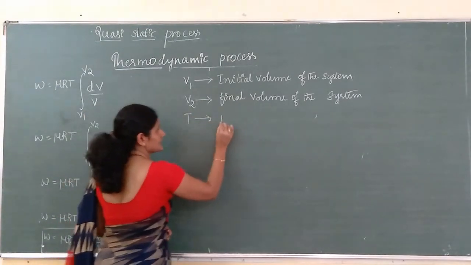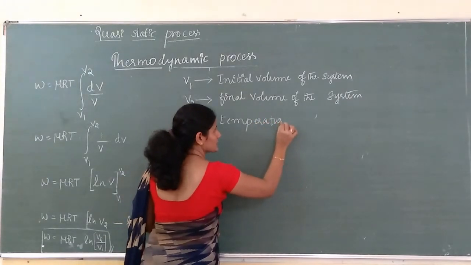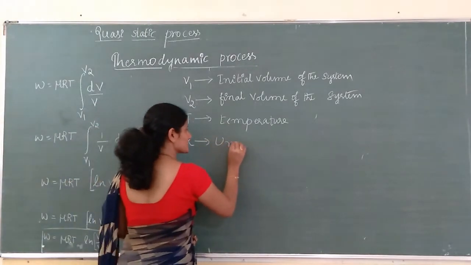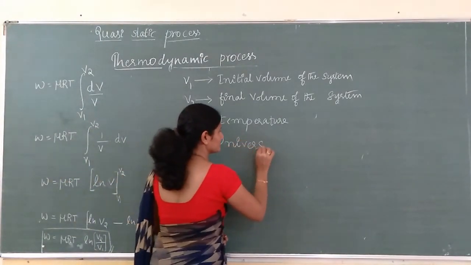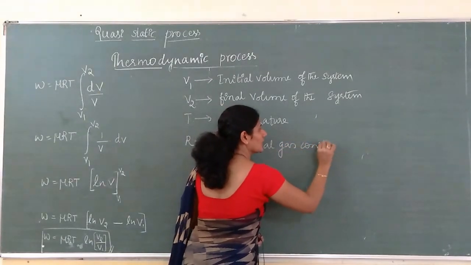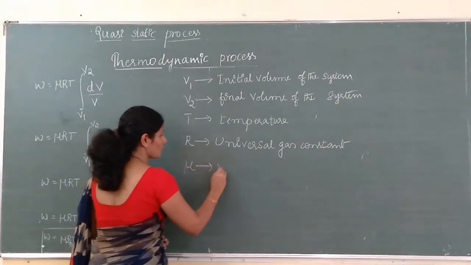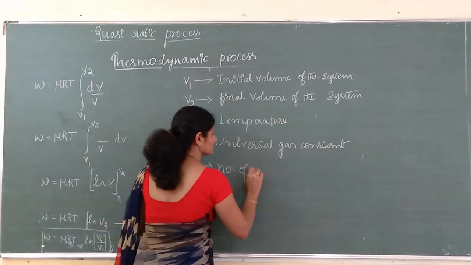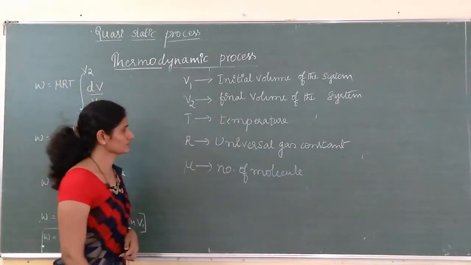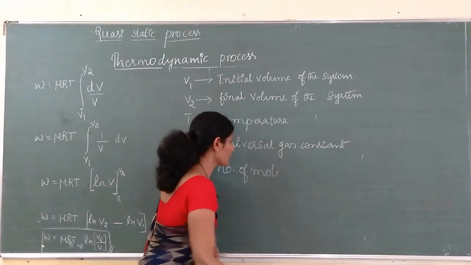T is the temperature, which remains constant in isothermal condition. R is the universal gas constant, which is always constant. Mu means the number of moles in the gas.